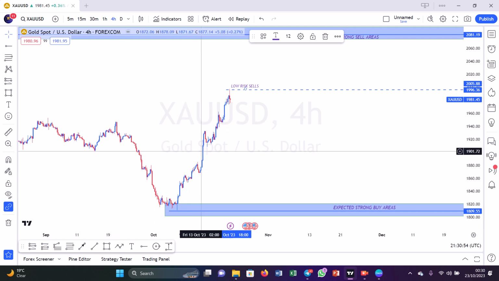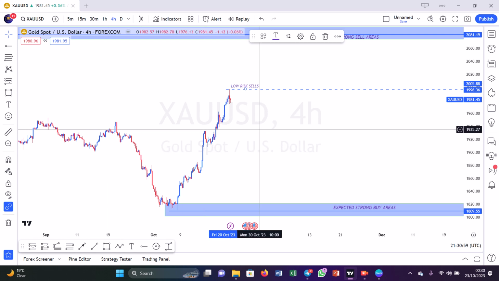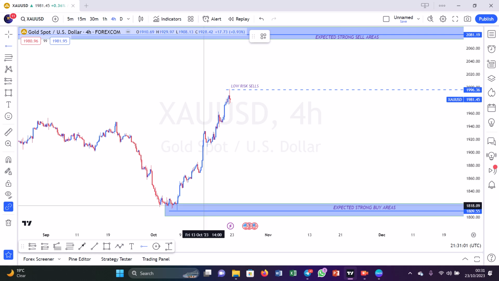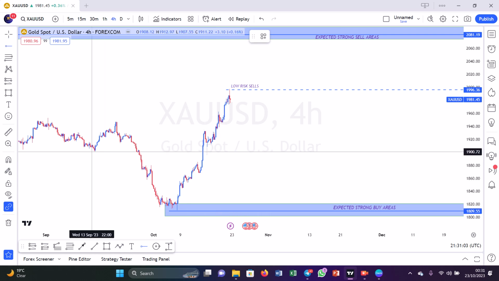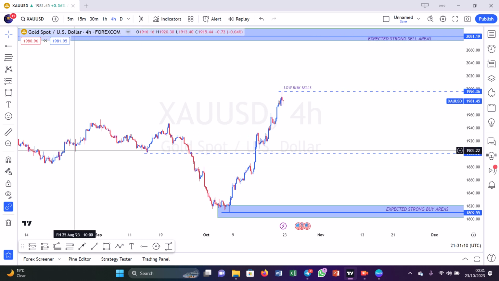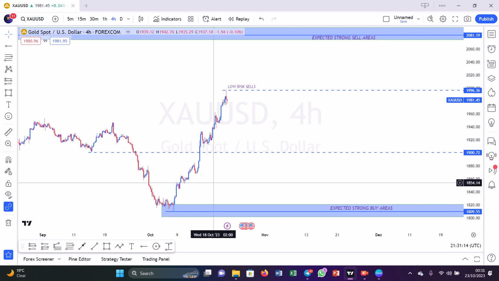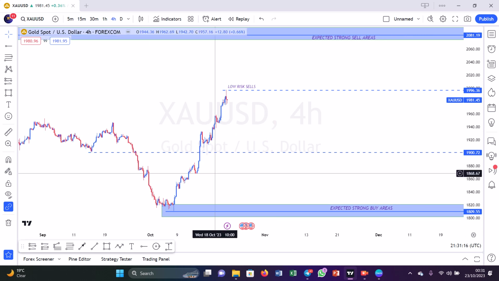Then we shall consider, due to market structure, let us take this level downwards here, the FVG here. Now that's the rejection point that I've considered to have. It has been respected more than one time.